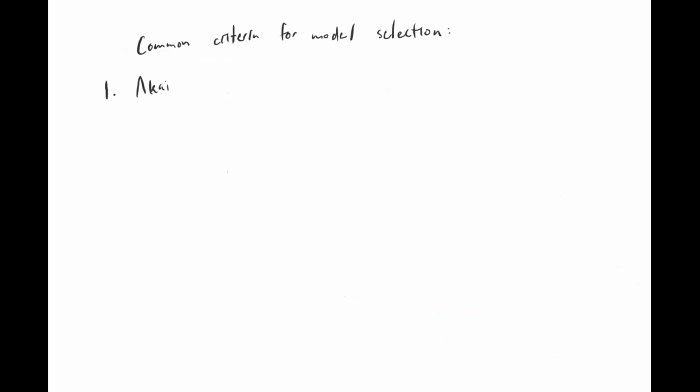So the first one we'll talk about is the Akaike, actually, I don't even know how to pronounce it. It's the AIC, Akaike Information Criterion. I think that might be how you pronounce it.